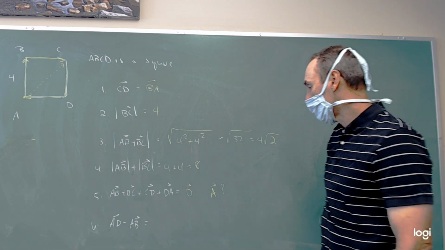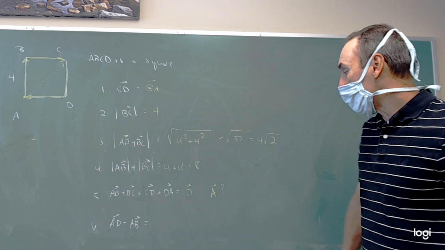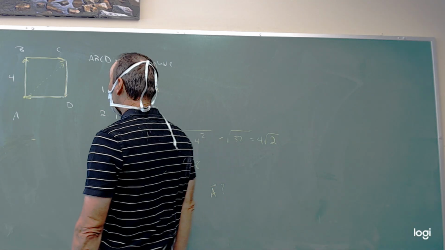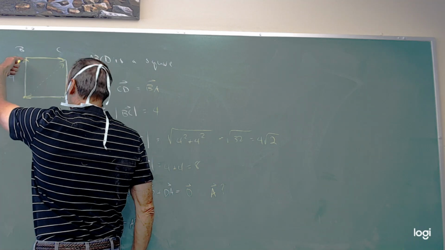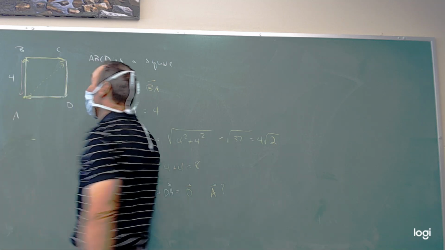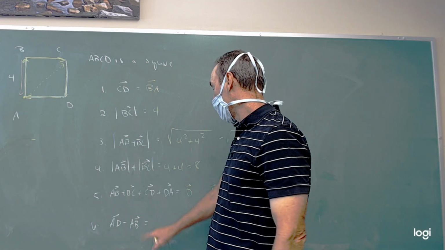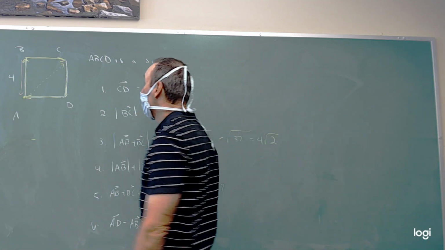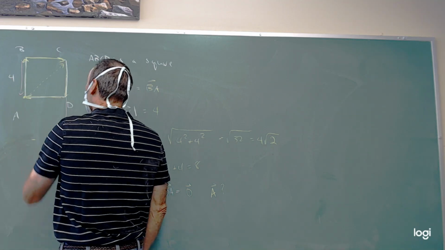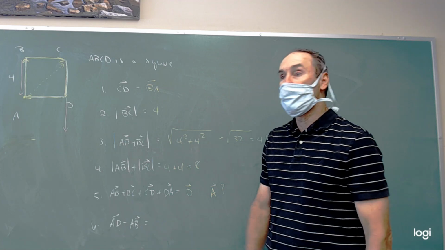So good question. Okay, AD minus AB. Now you've got to think a little bit, right? So I want to go minus AB. So here's AB. So minus AB is going to really be BA. And I want to go tip to tail with AD. So here's AD. If I slide this over, there is our minus AB right there.